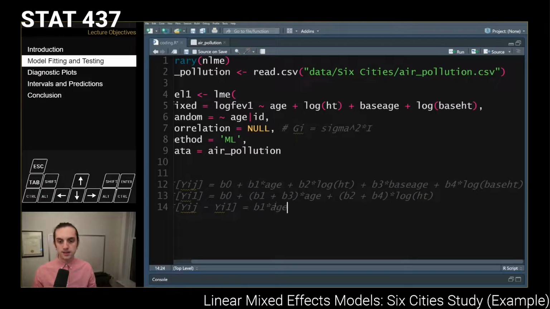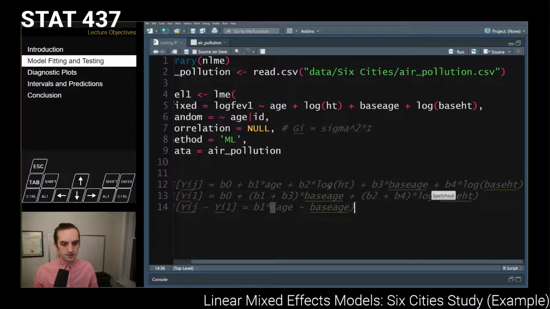And then if we consider what we're subtracting off as the relevant term in this model down here, we'll have a beta 1 where here, this age is actually our baseline age, and this height is actually our baseline height. So we can express them in those terms, because now we can see we'll have beta 1 times age minus beta 1 times baseline age. So we'll have age minus base age.